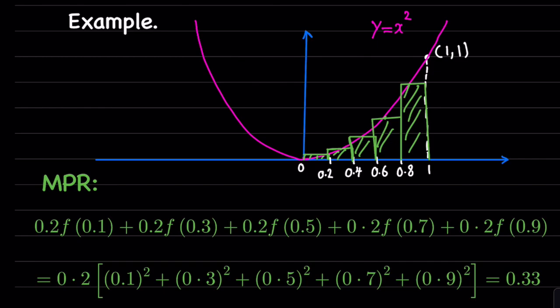So if you fully understand the left-hand rule, right-hand rule, and the midpoint rule for this simple example, y equals x squared, then if you're given any other function, the only change is that when you're going from this step to that step, you have just a different formula, but it's not going to change anything much.